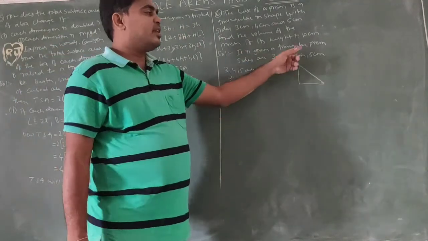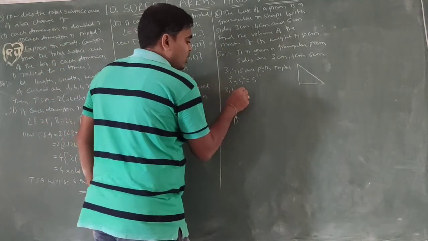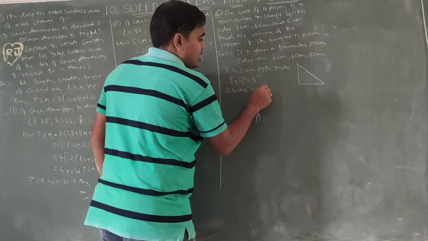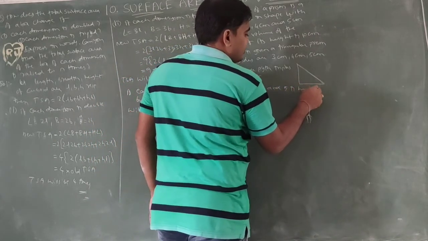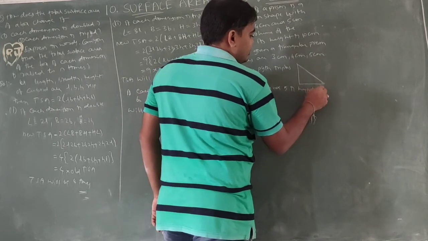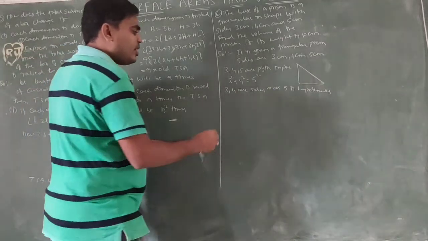So 3 and 4 are the sides and 5 is the hypotenuse.